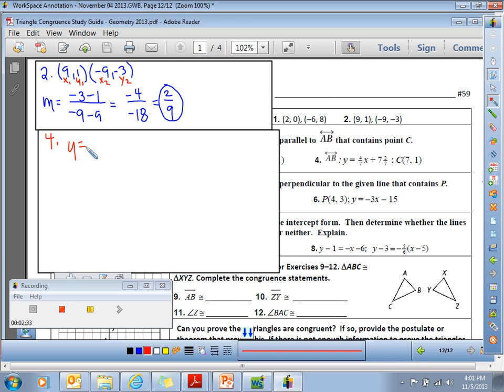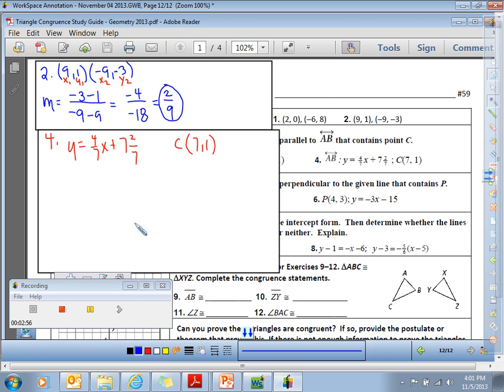The line is y equals 4/7 x plus 7 and 2/7, and the point C is (7, 1). So we're trying to write an equation of a line parallel to line AB that contains point C. If the lines are parallel, that means that the slopes are the same.